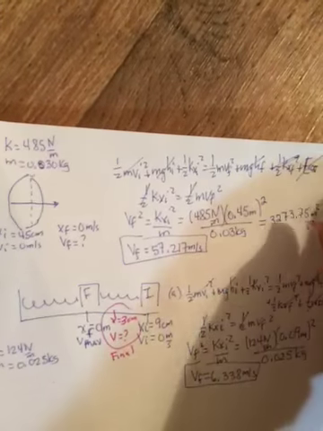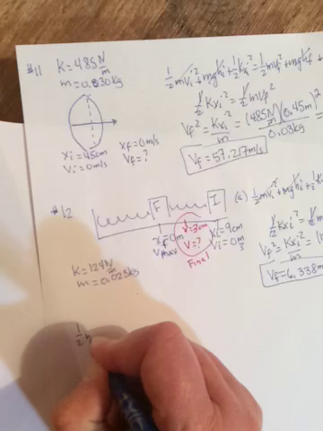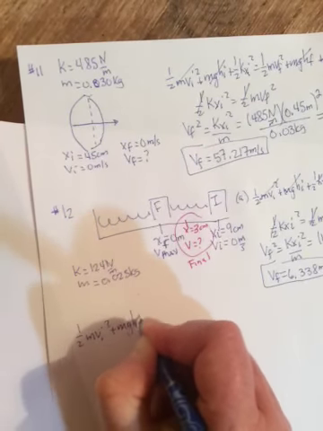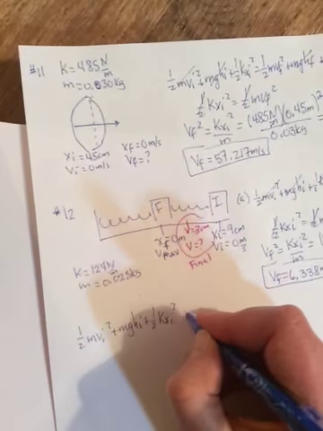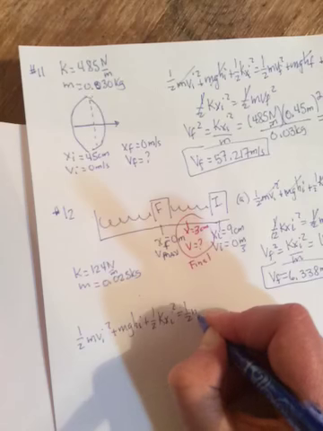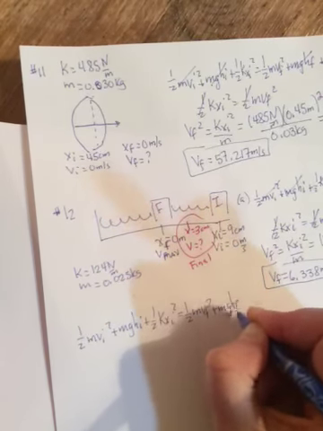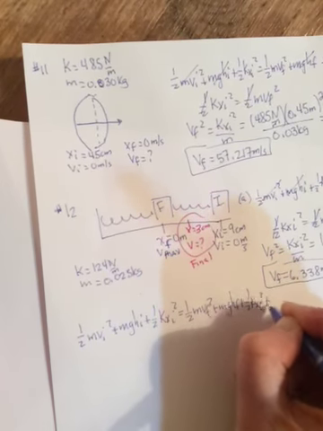And we'll do energy again. So 1/2 mv initial squared plus mgh initial plus 1/2 kx initial squared is equal to 1/2 mv final squared plus mgh final plus 1/2 kx final squared plus E lost.